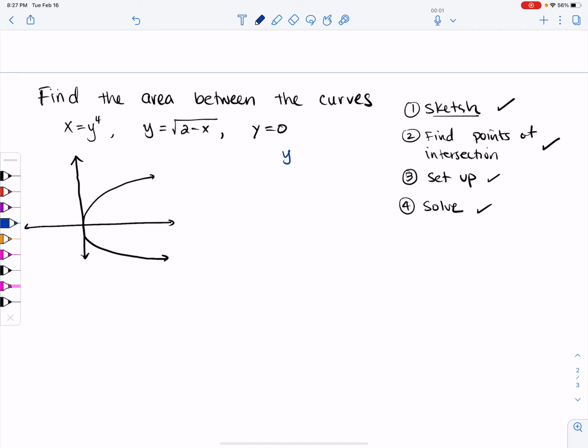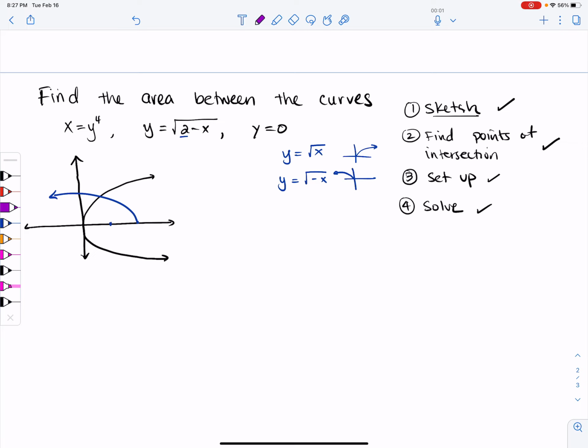Well, we know that the square root of x graph looks like this. So if we have y equal to the square root of negative x, then that graph is going to look something like this. And then we're going to shift it 2 units to the right. So when you shift 2 units to the right, you're going to have something that looks like this.